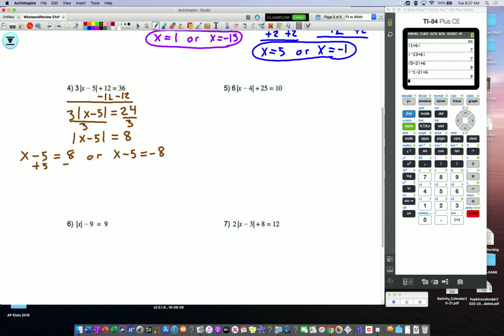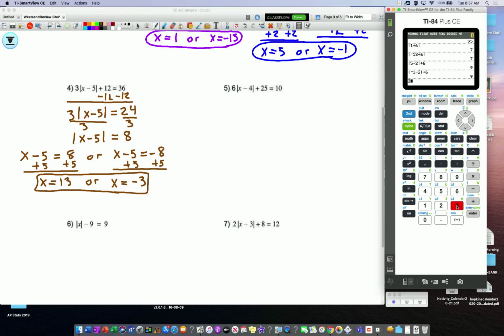I'm going to add 5 to both sides. So x equals 13, or add 5, x could equal -3. And just like that, I have my two solutions. Let's do a quick check. 3, go math, absolute value. So I get my absolute value symbols.